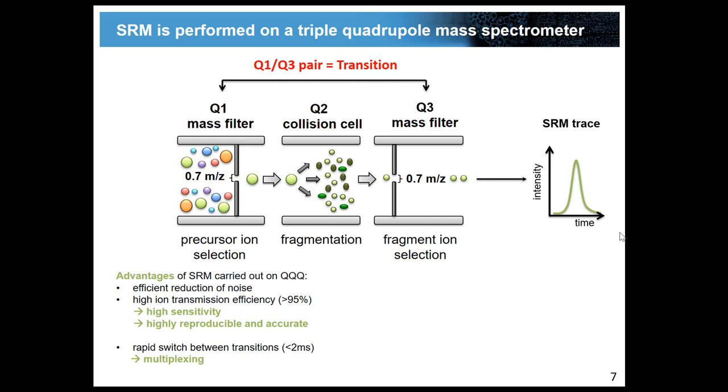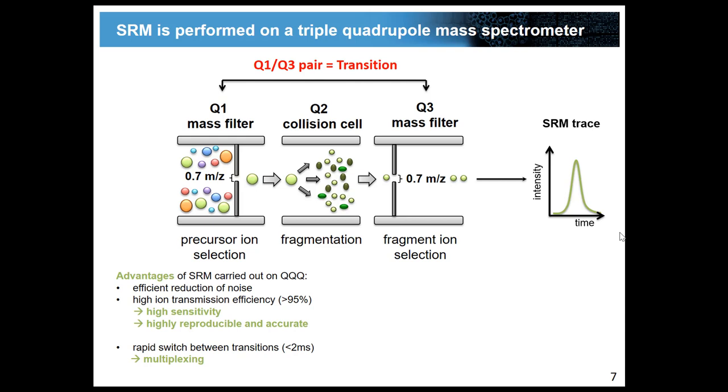So over 95% of the ions that enter the quadrupole, over 95% of the selected ones will also make it through the quadrupole. And these 2 features are reasons why you can measure ions so sensitively with this triple quadrupole in SRM mode, and why you're also so reproducible and accurate in your measurement points.